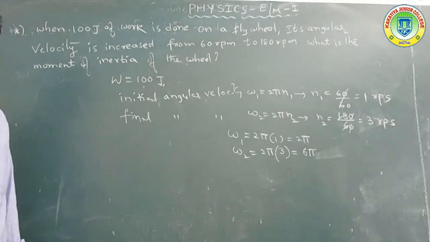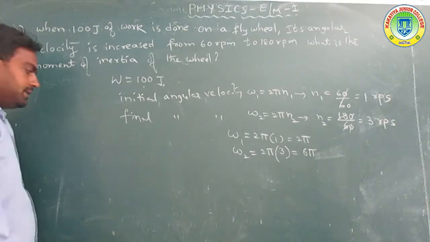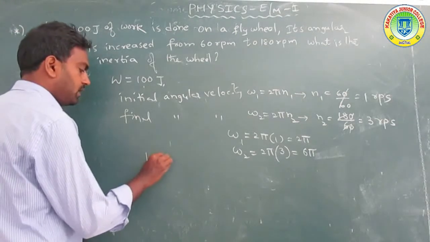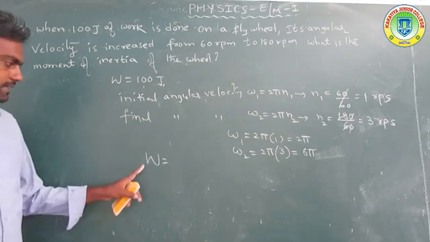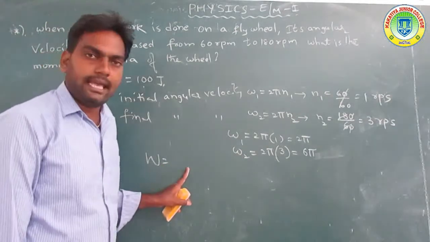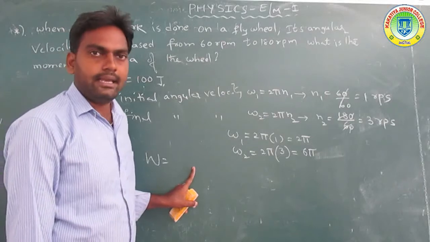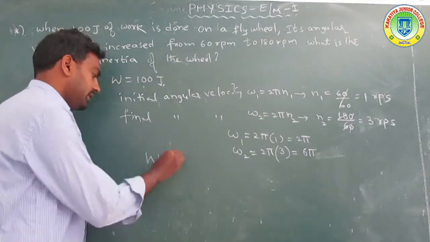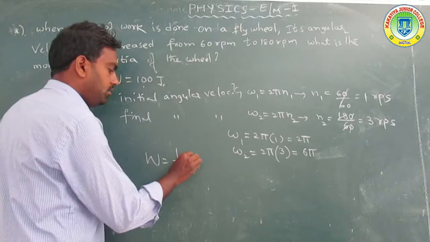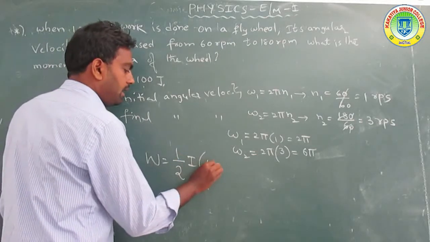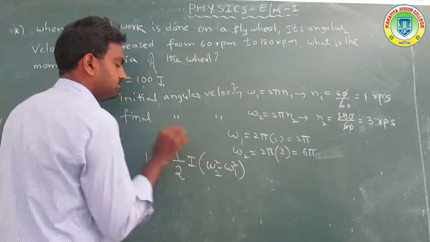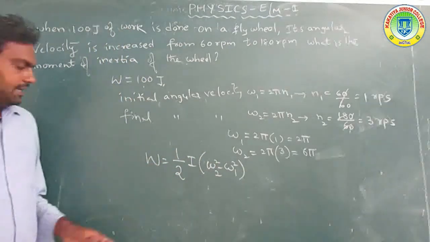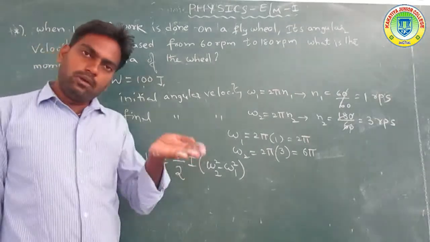According to the work energy theorem, work done is equal to the change in the kinetic energy. The change in kinetic energy is half I omega 2 square minus omega 1 square. Here W is the total work done.